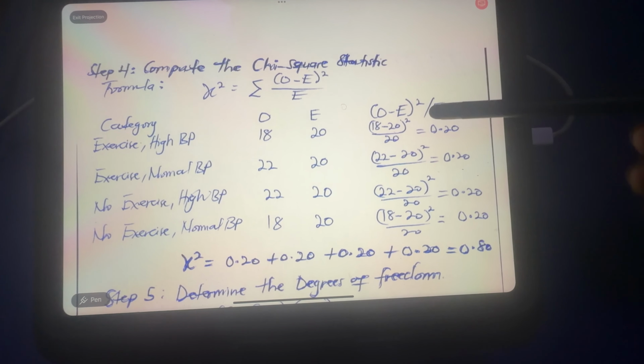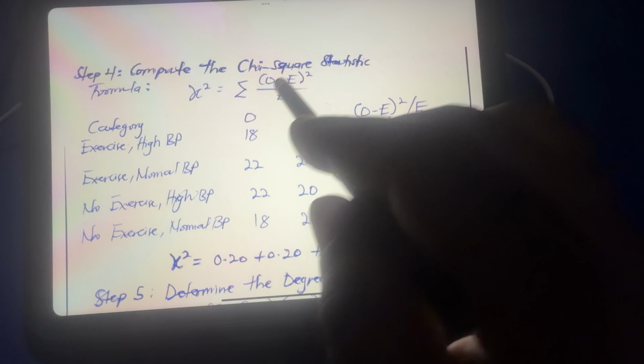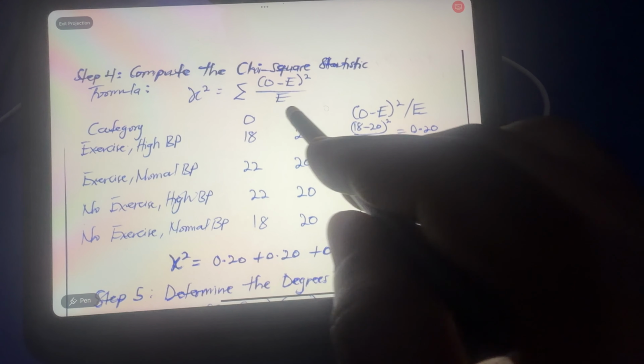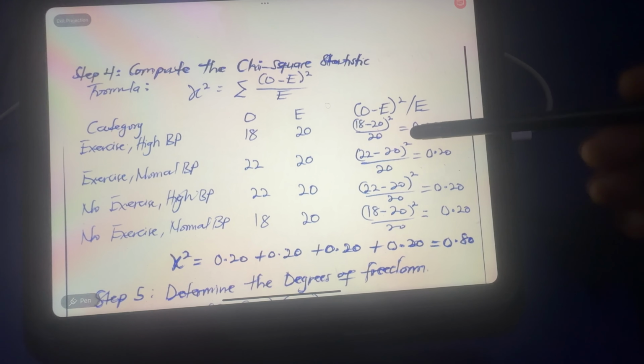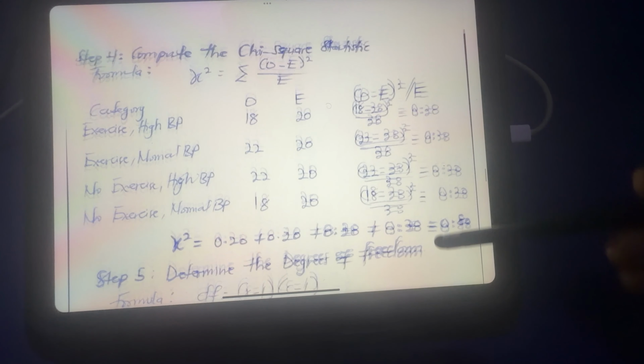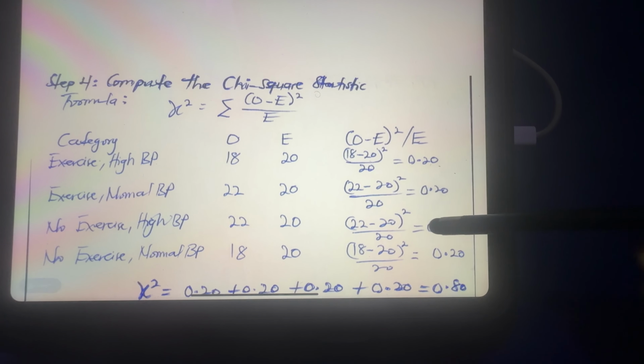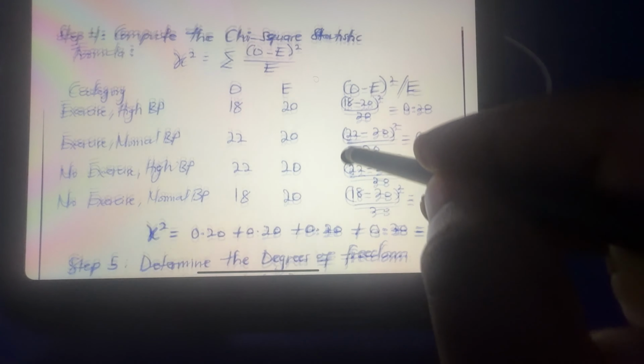Then when you finish, you sum up, because the formula says summation of observed minus expected, close the bracket, all squared, all over expected. So you sum up the calculated chi-square for all the categories. That is what has been done over here.